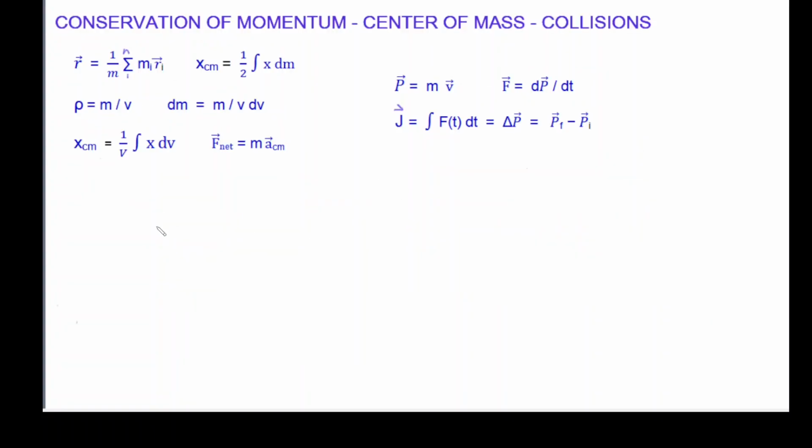Another way of writing that would be r equals 1 over m times the sum of mi ri as i goes from 1 to n.